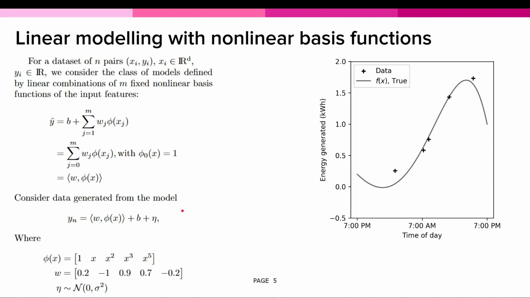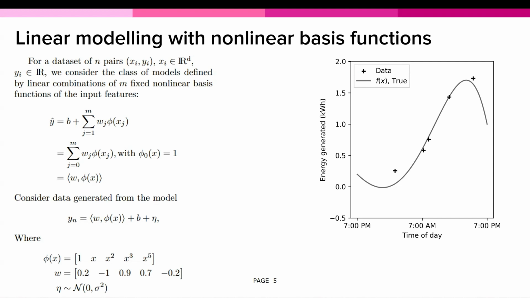And so the idea is that, assuming we knew the form of the true model, we could capture the nonlinear relationship between time and energy generation by transforming x using these same basis functions. And as we argued with classification, this is still a linear model because we maintain a linear combination of the transformed features.